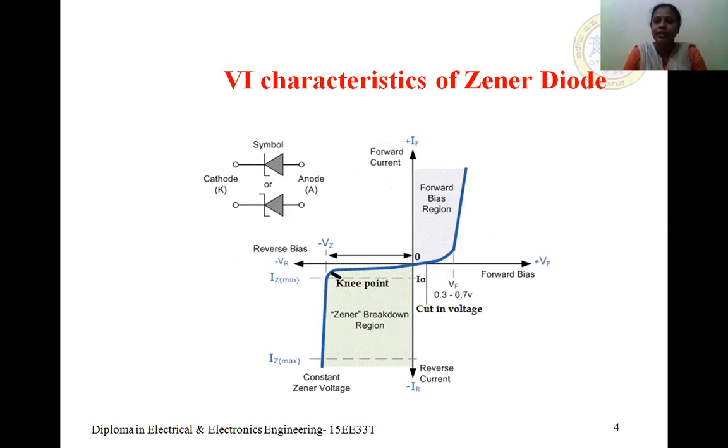In the forward biased condition, that is the forward bias region, it is similar to a normal PN junction diode. In the reverse biased condition, that is reverse voltage, minus Vz is a constant Zener voltage. So this is the graph plotted for the VI characteristics.